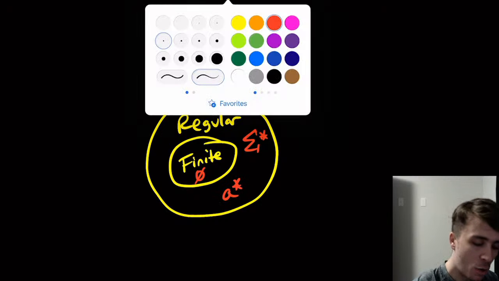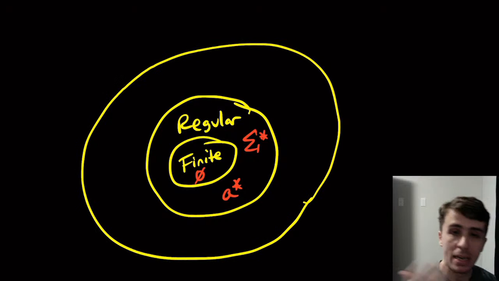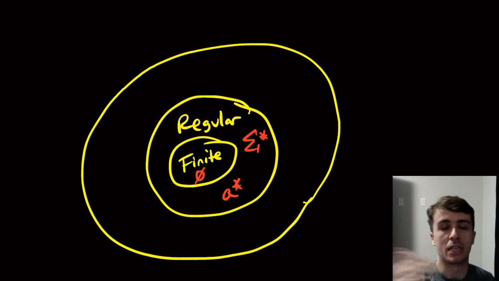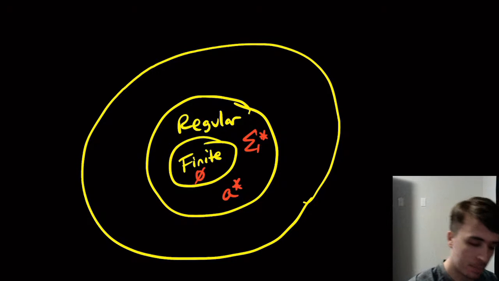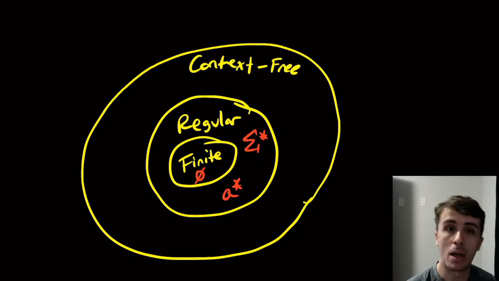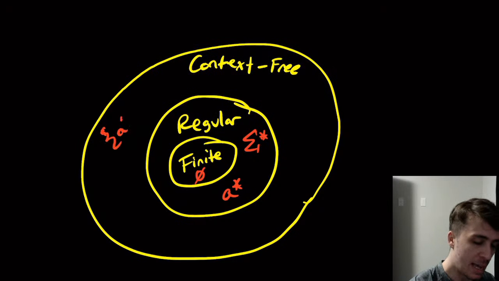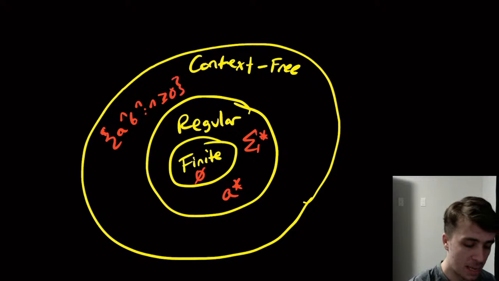And then now we have context-free languages, which, because every regular language is context-free, we get this bigger bubble. So context-free. And an example of a context-free language that isn't regular is, for example, a to the n, b to the n, where n is at least 0. And another example is balanced parentheses.